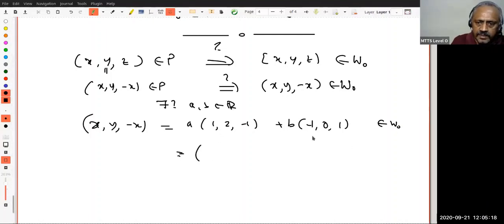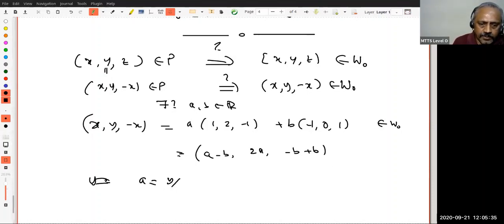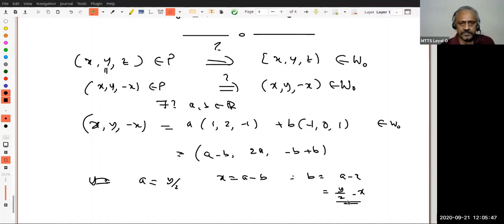This is a minus b, and this is 2a, and this is minus a plus b. Therefore, can I solve for it? Therefore y equals 2a, so a equals y by 2, as we did earlier, and x equals a minus b, therefore b equals a minus x, that is y by 2 minus x. So I solve for it. I'm just repeating the proof. I hope you understood.